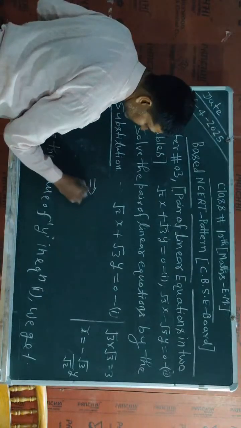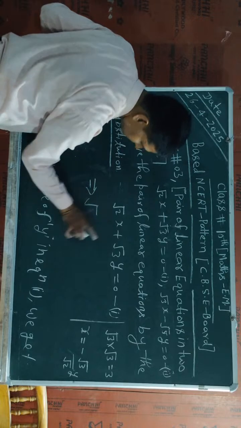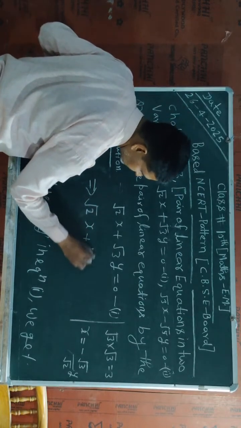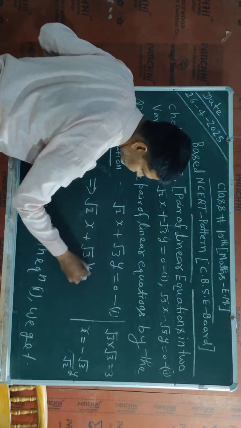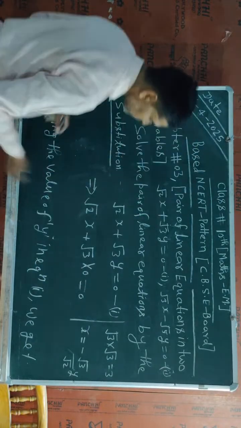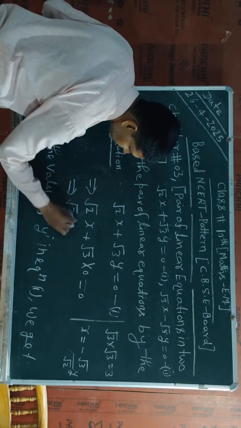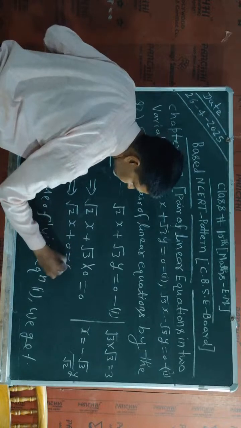Okay, student. So I am going to apply it here: root 2 into x plus root 3 into the value of y, which is 0, is equal to 0. Again I will simplify it. Root 2 into x, and this term will be 0, is equal to 0.